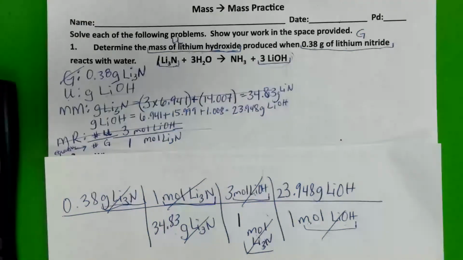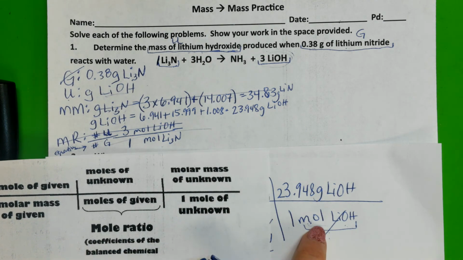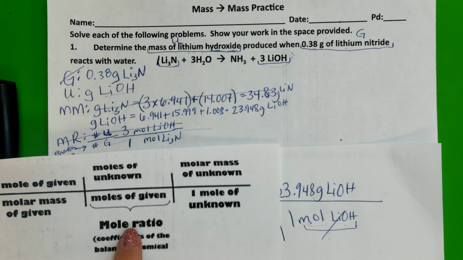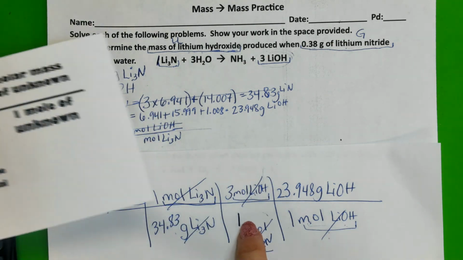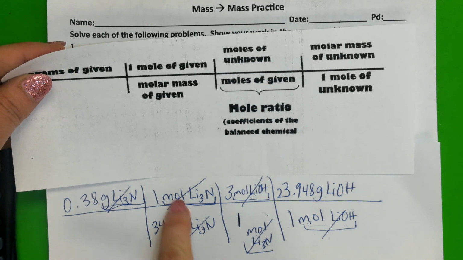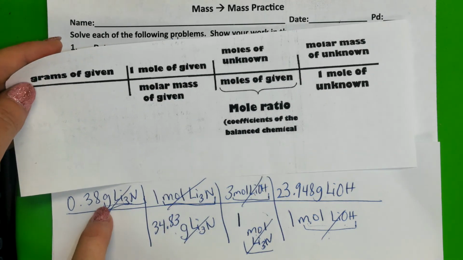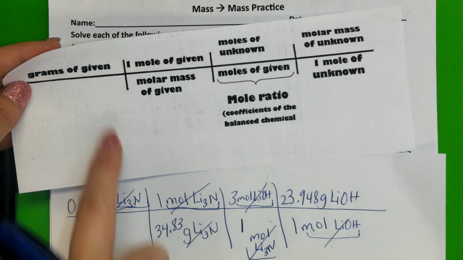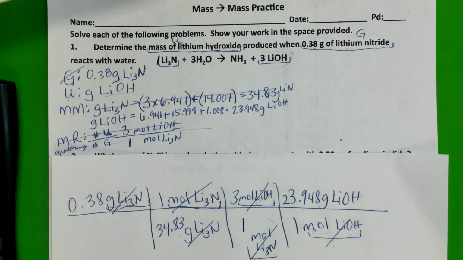And you could always check over here as well. Look, molar mass, 1 mole, and then mole ratio, 3 over 1, and then 1 mole, and then molar mass, and then grams. So always check on this to make sure you got it right.